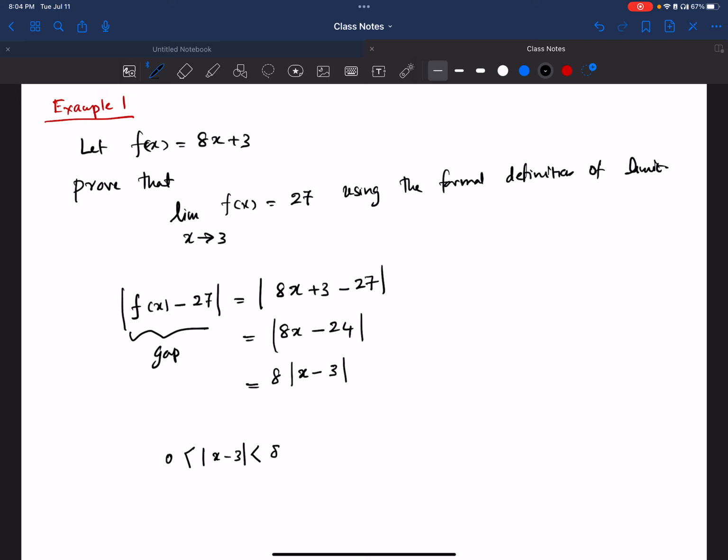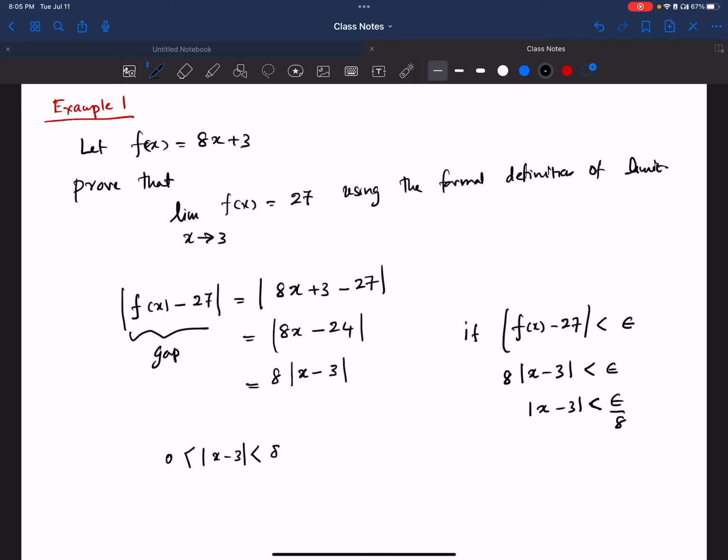So if 8 times the magnitude of x minus 3 is less than epsilon, that means the magnitude of x minus 3 is less than epsilon over 8, right?